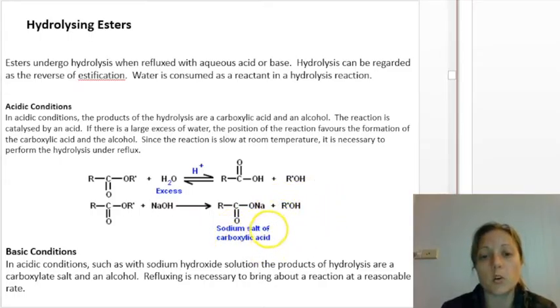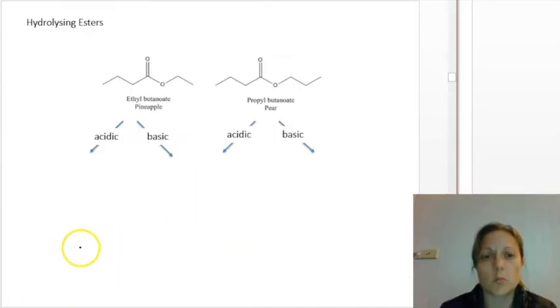Of course, we could then take the carboxylate salt and add acid to it, which would form the carboxylic acid again, and the sodium would go back into the water solution. So we could add that acid back in and get a precipitate of our carboxylic acid, depending on how big it is.